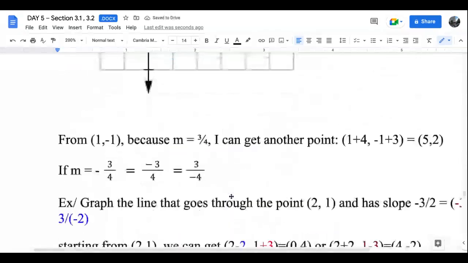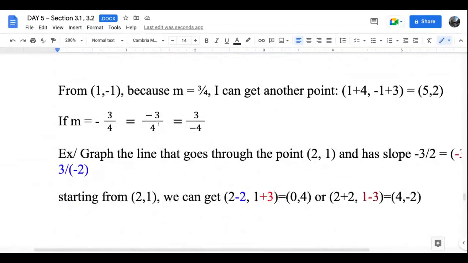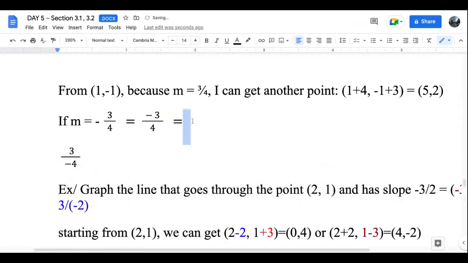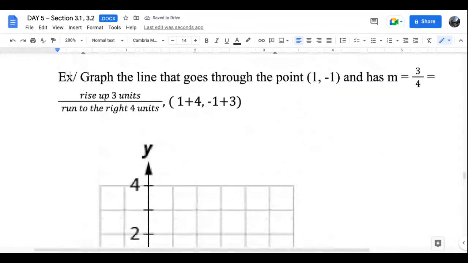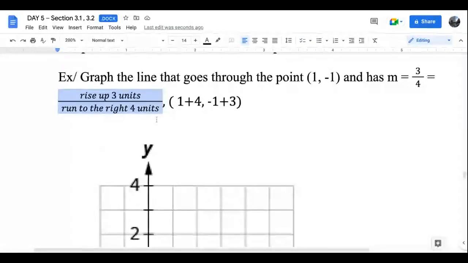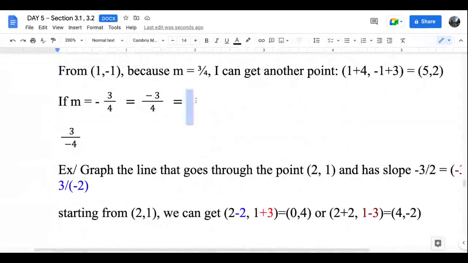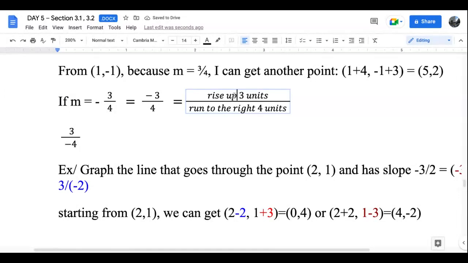When the numerator is negative, it means run down 3 units, not up. Run down 3 units because it's -3. But the 4 is still positive, so still run to the right 4 units.